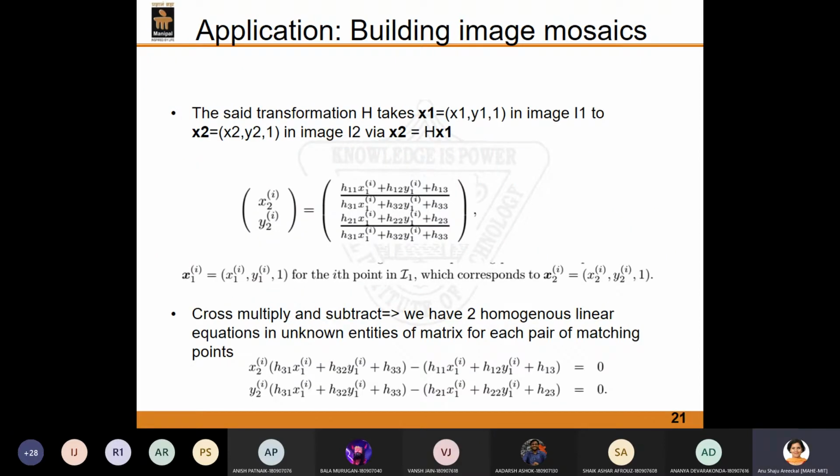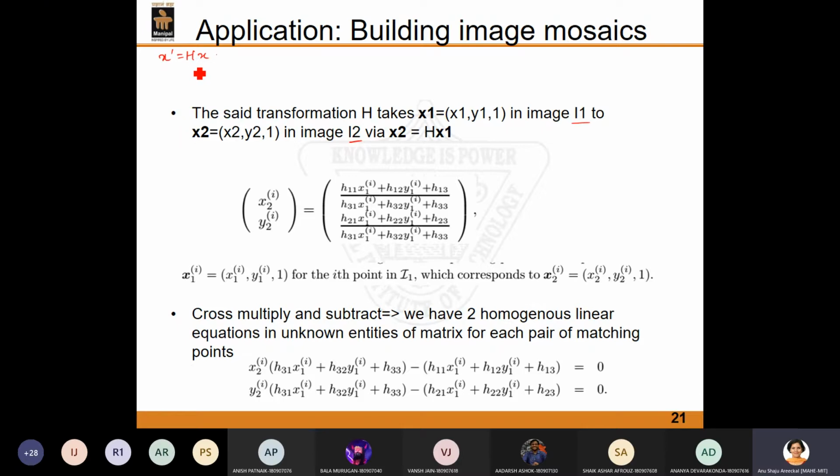Okay, so let us say we have two images, I1 and I2 over here. What we need to do is find the projective transformation, or plane projective transformation, which exists between the images I1 and I2. And we know that for a projective transformation, we can write it as x' = Hx.